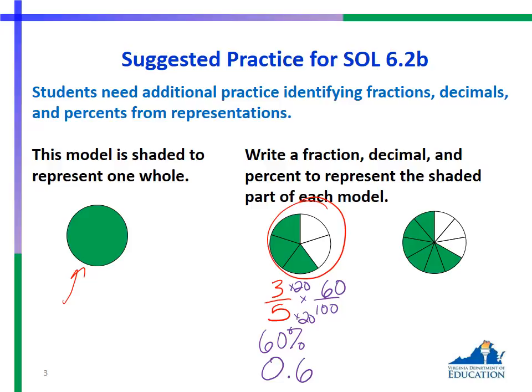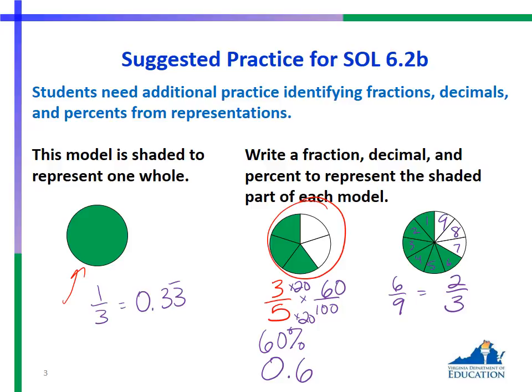So what about the second model here? Let's count all the pieces. 1, 2, 3, 4, 5, 6, 7, 8. I got 9 pieces, and I have 6 that are shaded. So I have 6/9. I can simplify that to 2/3. And I can know something about my thirds. 1/3 is the same as 0.33 with a line over it.